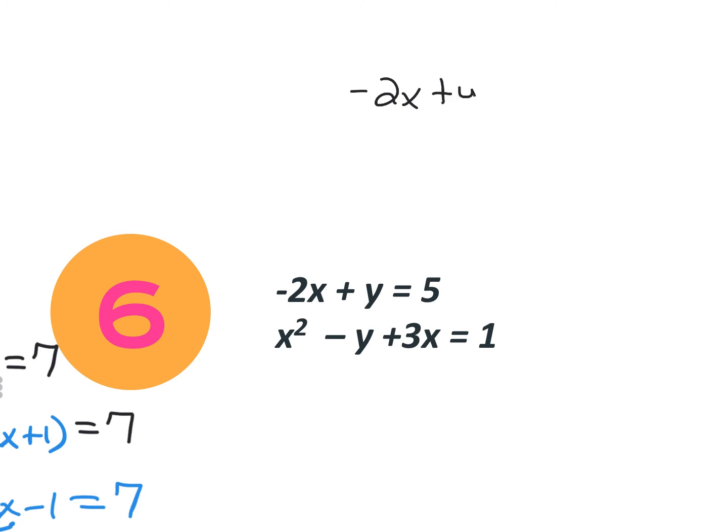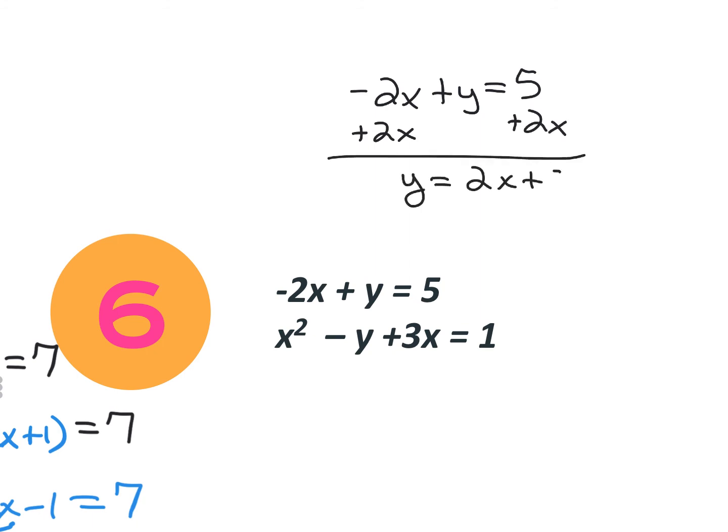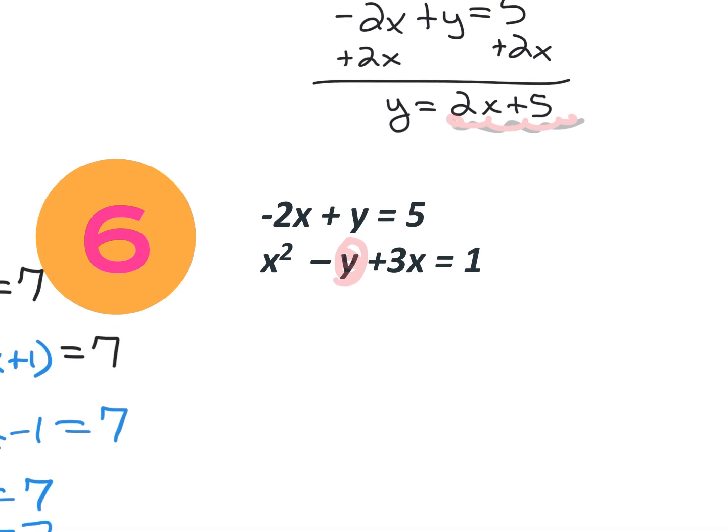-2x plus y equals 5. I'm going to add the 2x. Y equals 2x plus 5. I'm going to substitute 2x plus 5 in for the y in the second equation. So let's go ahead and write it out.